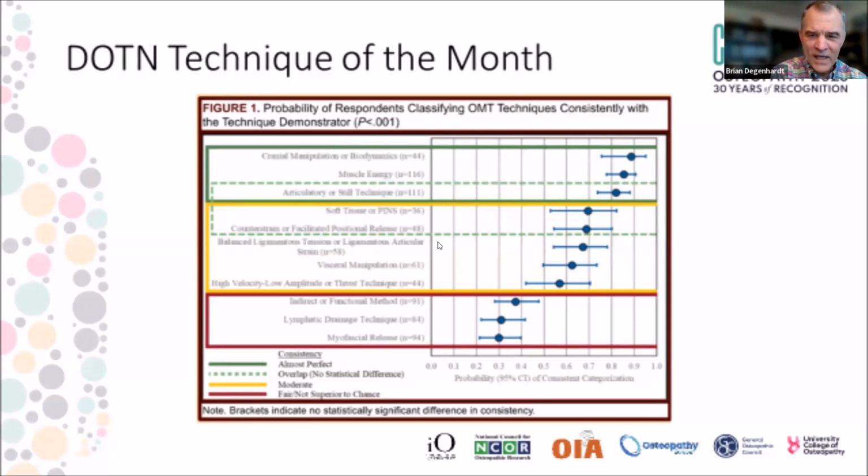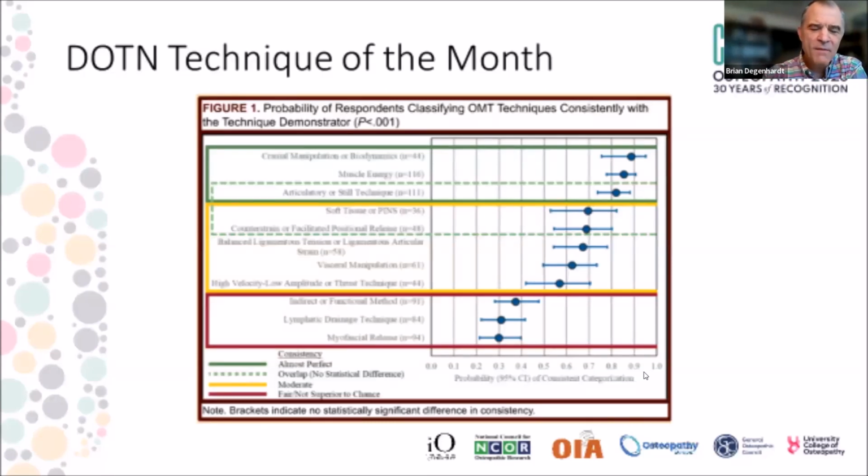So here we are looking at the various osteopathic techniques, starting with cranial, articulatory, visceral, myofascial. And here along the x-axis, we see the probability of consistent categorization, from having 0 or no consistency to having a 1.0 or 100% consistency.